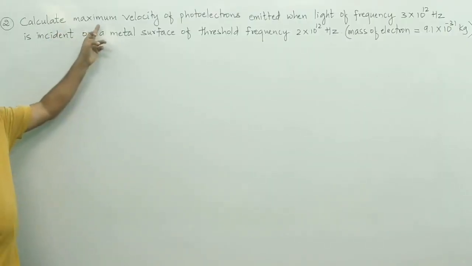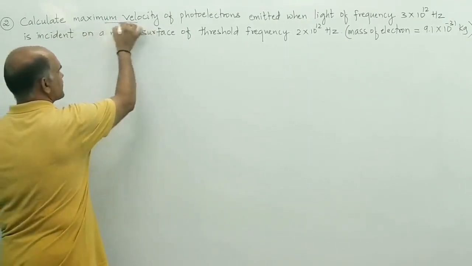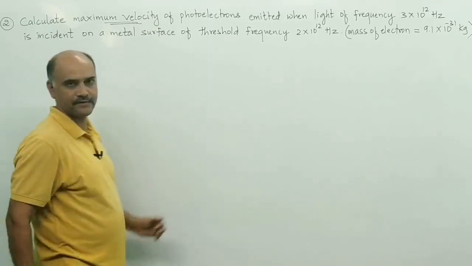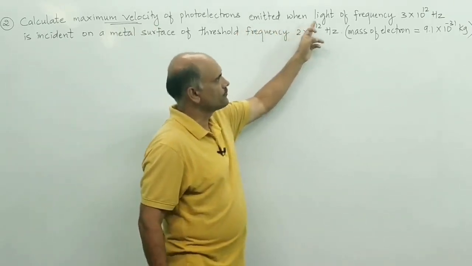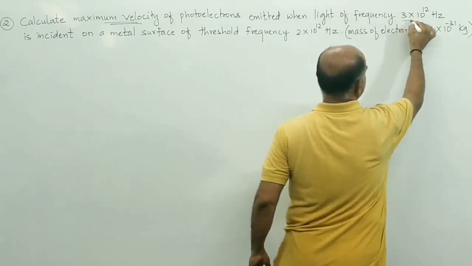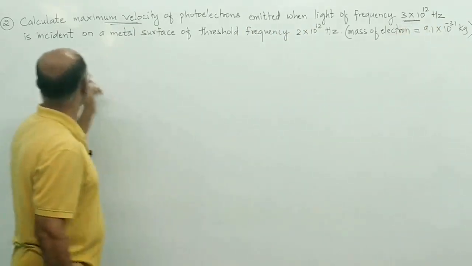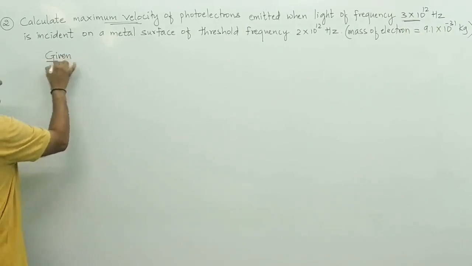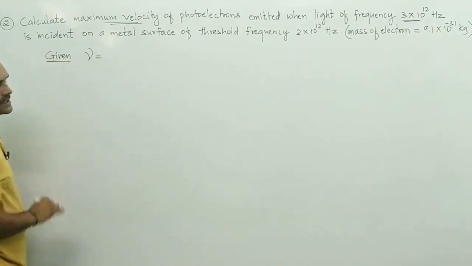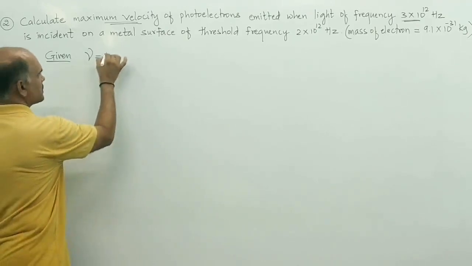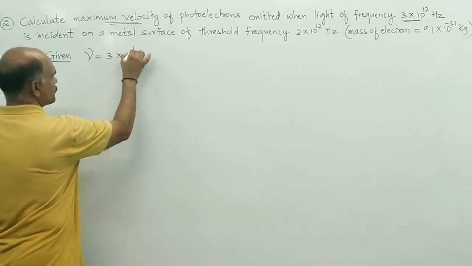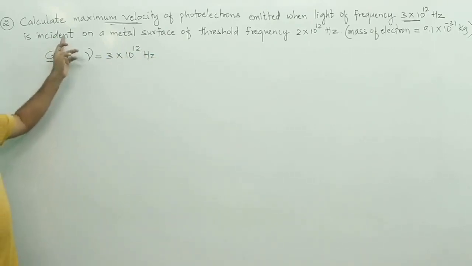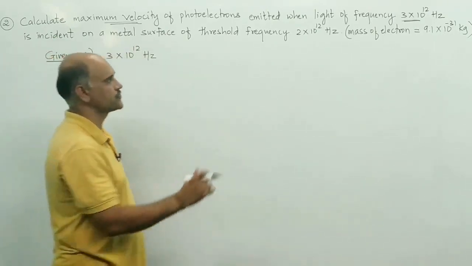You are required to calculate maximum velocity of photoelectrons, means you are required to find Ke max, emitted when light of frequency 3 into 10 raised to 12 hertz is incident. He has given frequency of incident light, that is nu, 3 into 10 raised to 12 hertz, incident on a metal surface of threshold frequency.